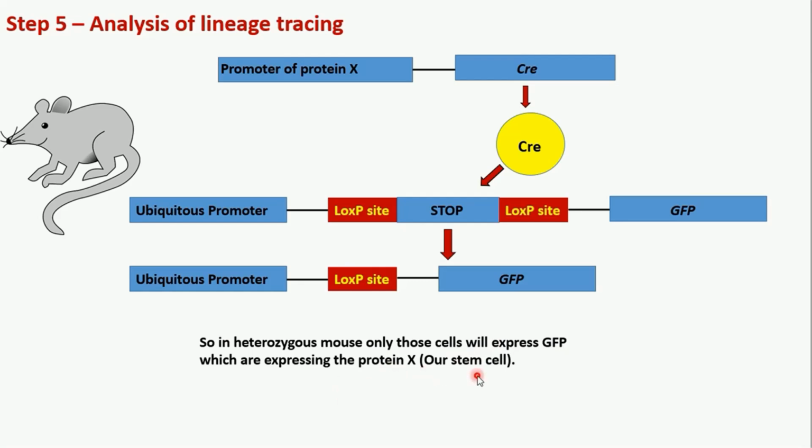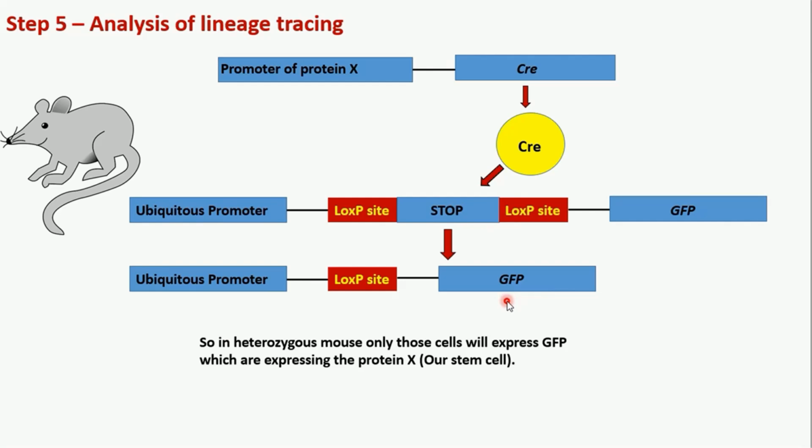So what is happening here is that Cre is selectively expressed by the promoter of protein X only in our stem cell. It means our stem cell will start expressing Cre, then this Cre will target and remove the stop sequence. Once the stop sequence is removed, GFP will start expressing.